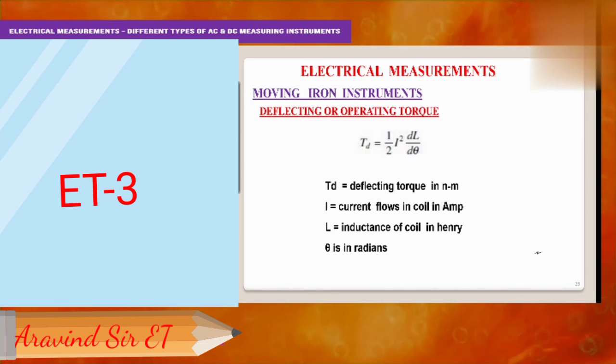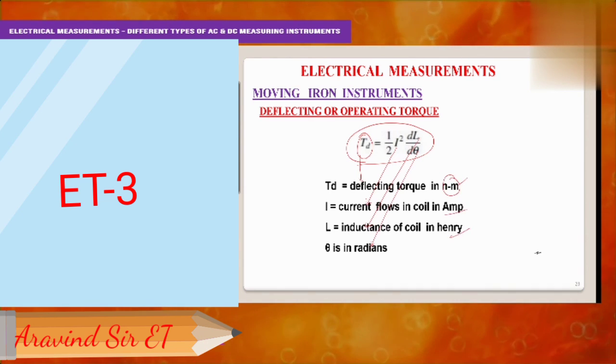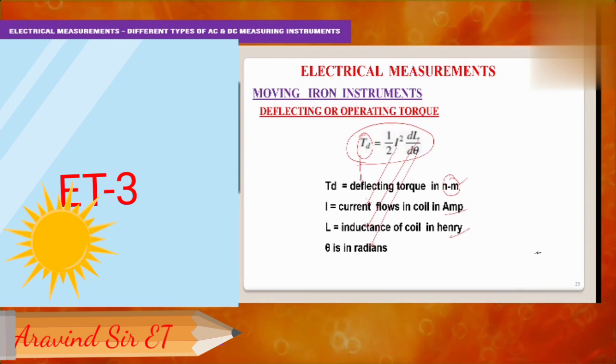Next we come to the moving iron instrument. In moving iron instruments, the torque is developed due to the current. The formula is T_D equals half I square dL by d theta, where T_D is the deflecting torque, I is the current, L is the inductance of the coil, and theta is measured in radians. The unit for torque is newton meter, current is in amperes, whereas L is measured in henries.